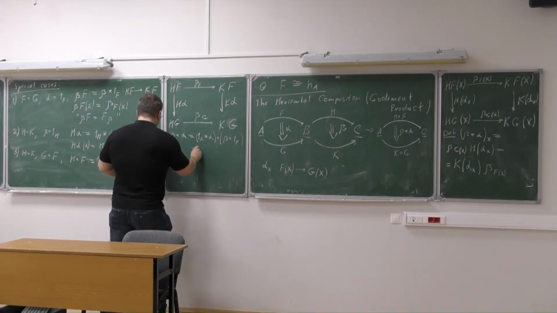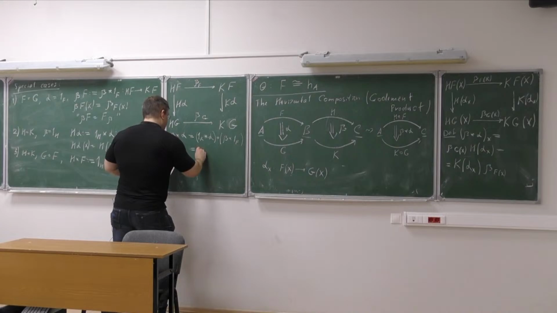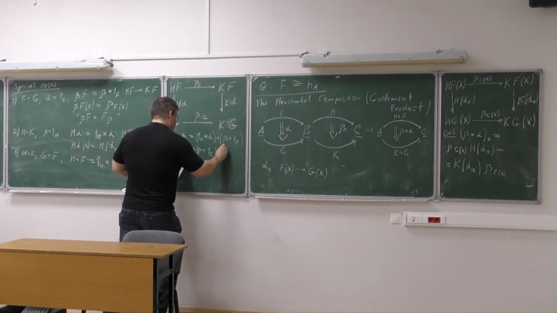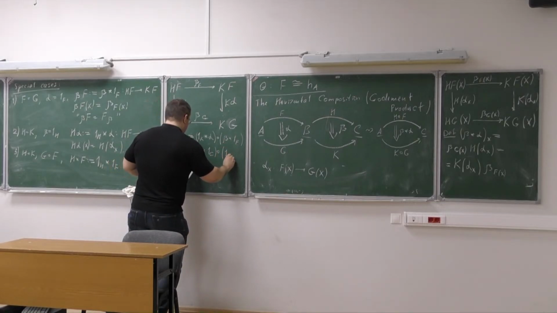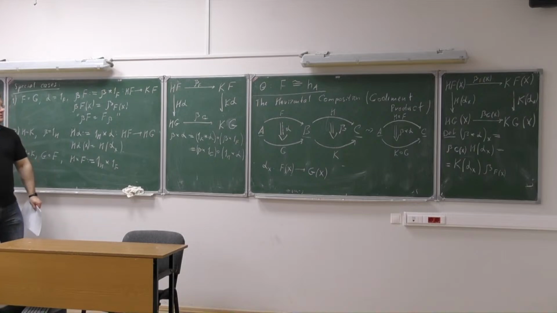Or another formula will be more or less the same, but we first have beta star 1 sub g, and then we take composition with 1 sub h star alpha. Just rewriting the same commutative square, but in terms of formulas.